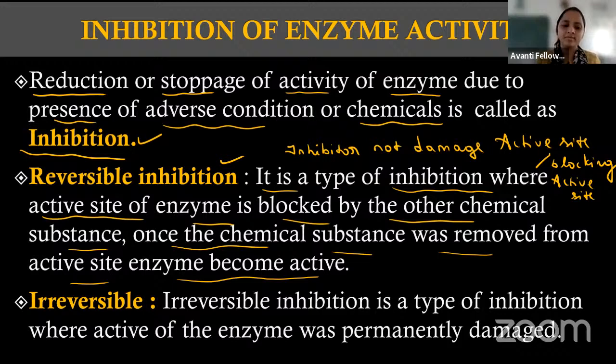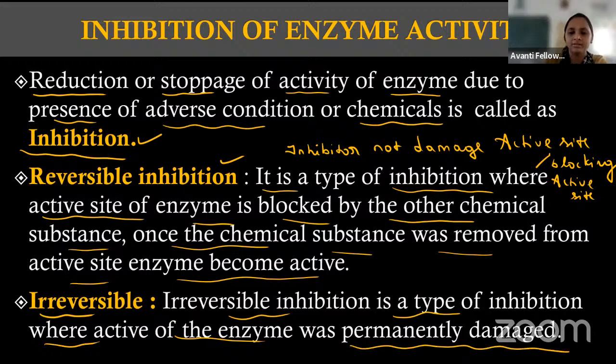That is what we call the irreversible inhibition: a type of inhibition where the active site of the enzyme is permanently damaged, where the substrate cannot come and bind to the active site again.